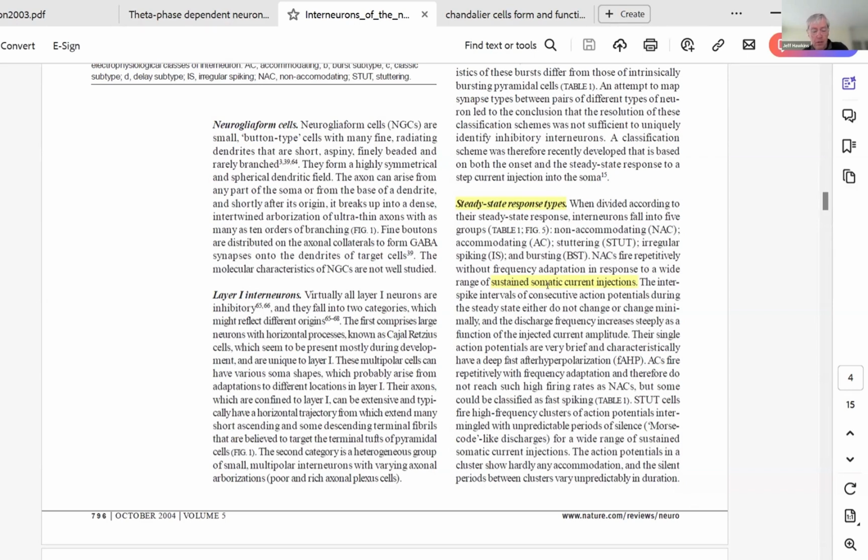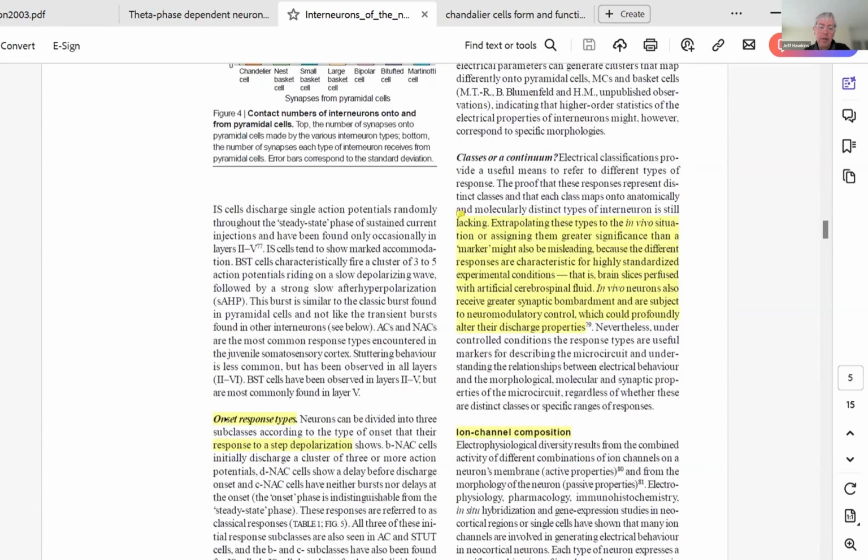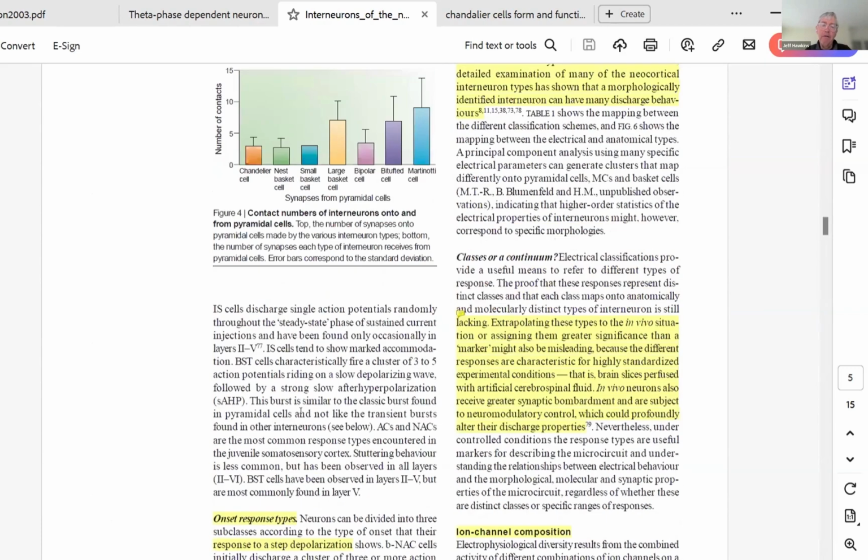They inject sustained current continuously, so the cell doesn't get to relax, and then they see what kind of spikes it generates. The other is step depolarization, like what happens on the very initial pulse of current. These are onset response types, and they can classify those.